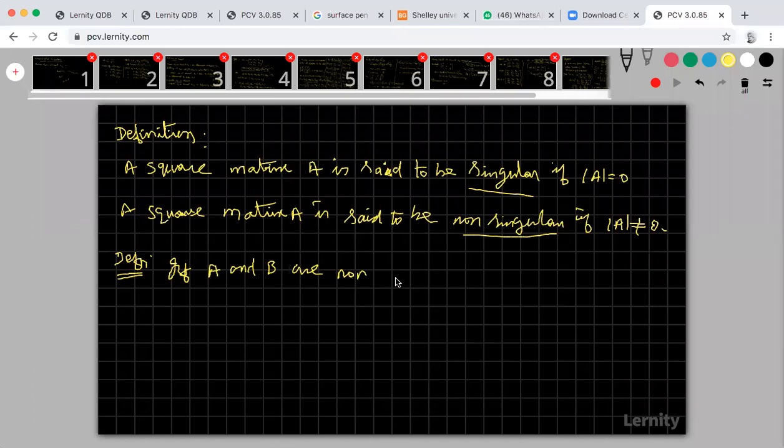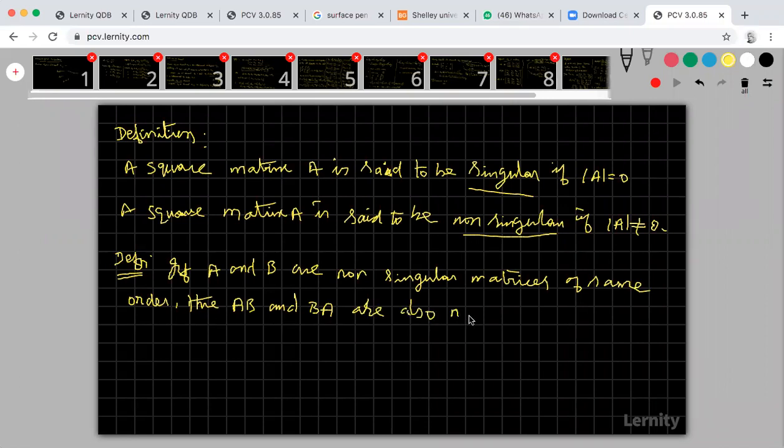So if A and B are non-singular matrices of same order, then AB and BA, meaning the product of the matrices, are also non-singular.